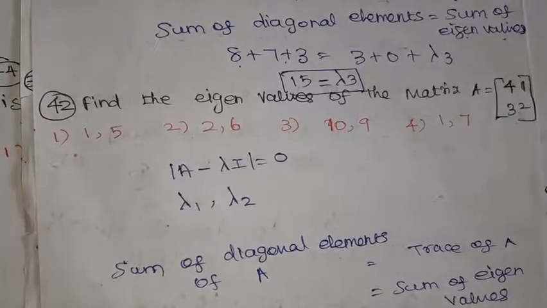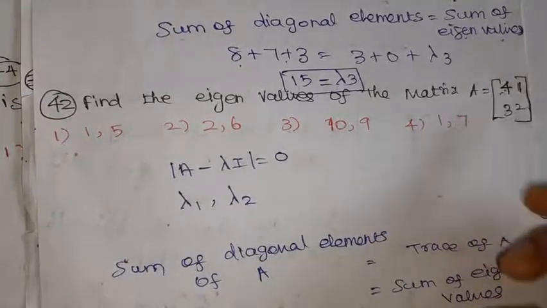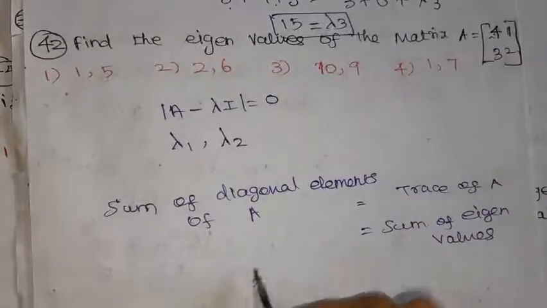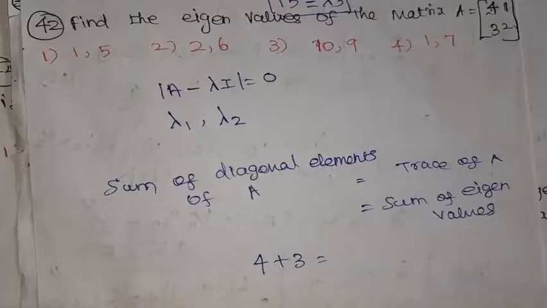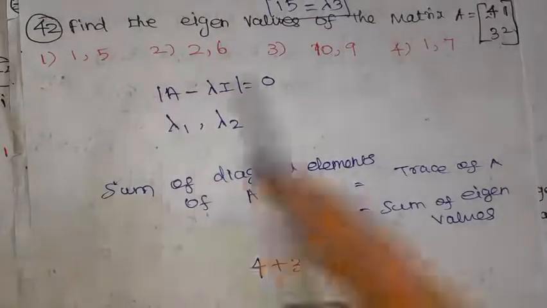So we should equate to this. What are the diagonal elements? 4 plus 2, is equal to the sum of the eigenvalues.